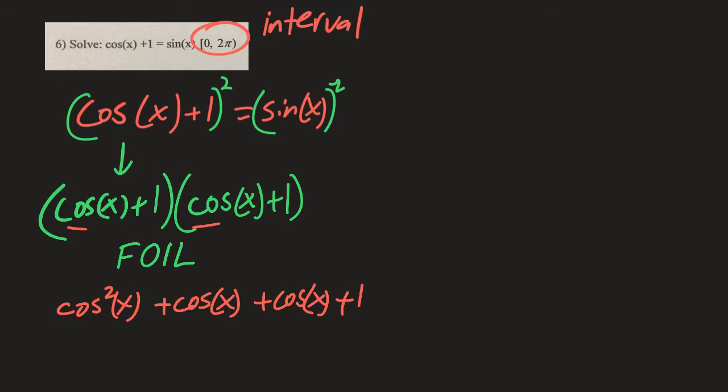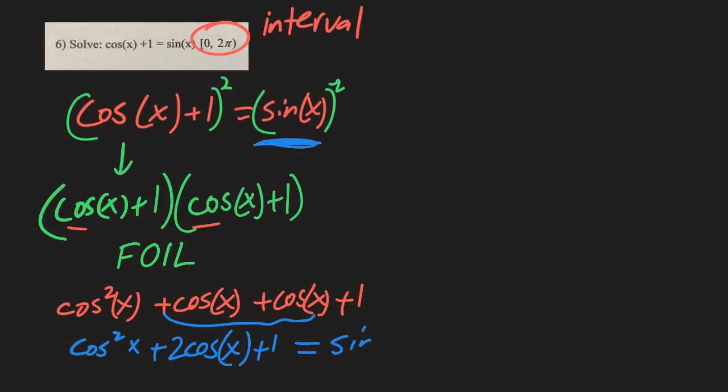Let's combine our like term in the middle. And we got cosine squared of x plus 2 cosine x plus 1. And that's actually equal to this piece right here, sine squared of x. Okay, so now at least I'm kind of rolling here.